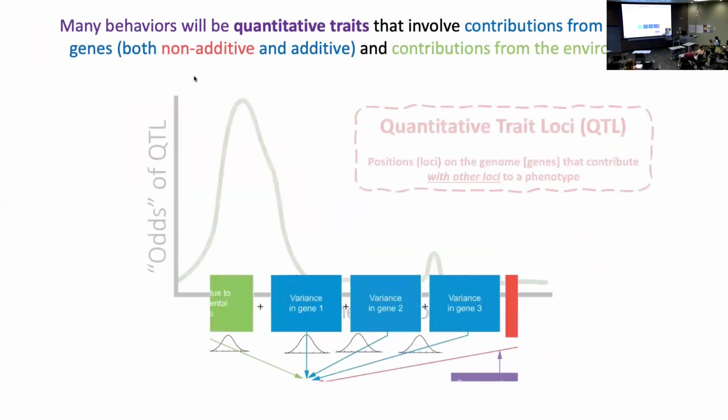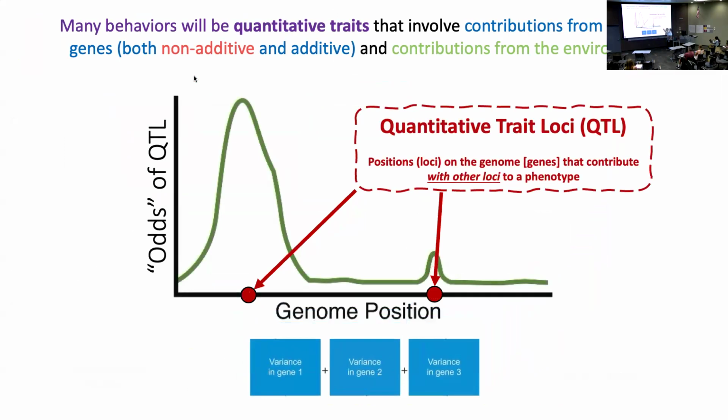And then we finally get back to the QTL, and this idea that along a genome you're going to have a bunch of different spots that are going to have different effects on a trait. Some will have larger effects and some will have smaller effects, but there's no one gene. There's just a combination of genes, some more important than others, that go into a trait.